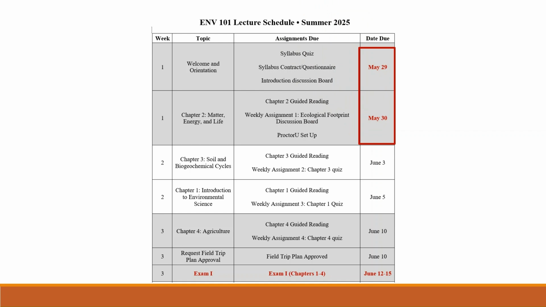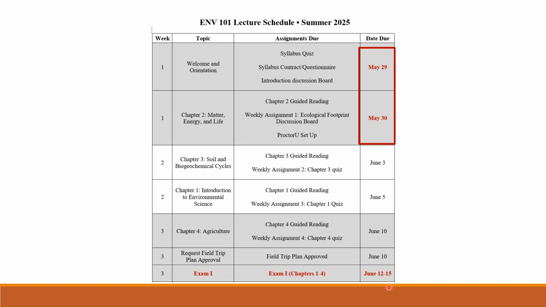And you can see for each unit, it's going to tell you when the exam is due. This exam you have to take between June 12th and the 15th. So you have a period of time there to take it. Some students will come to me and say, well, I got something going on the 15th.